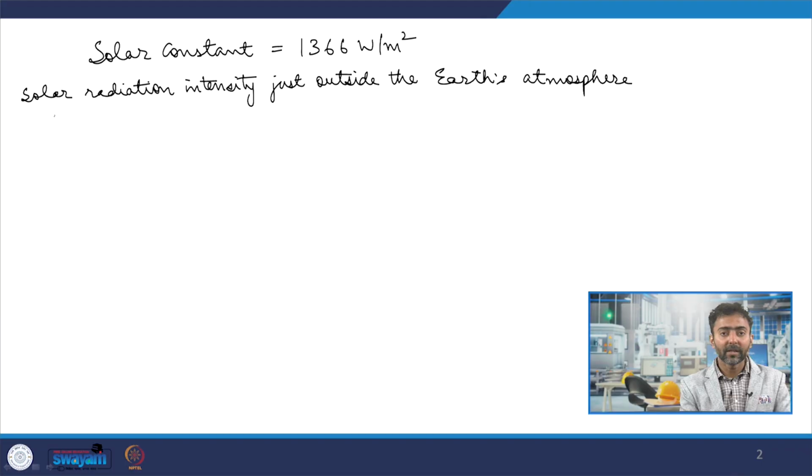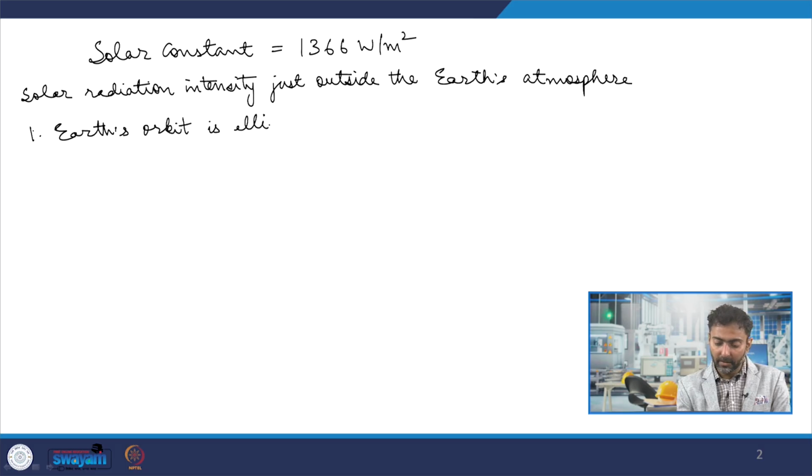However, this is not a very precise constant or an exact constant value. There is some variation in this value around the year, and the reason for this variation is due to two major reasons. One is that the earth's orbit is elliptical in nature, slightly elliptical.